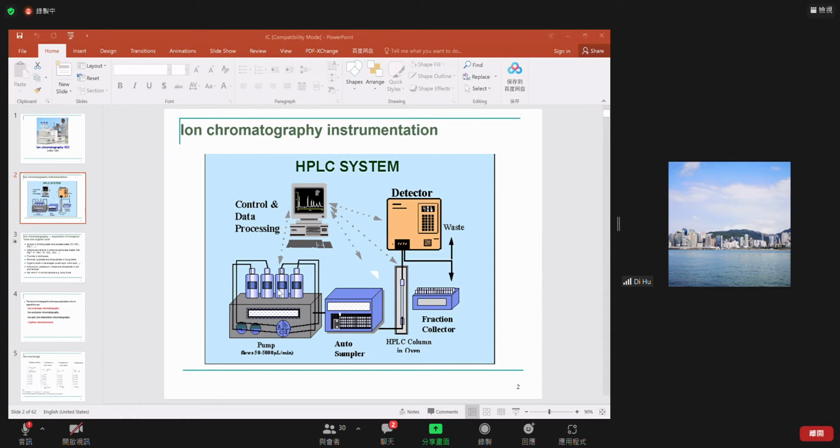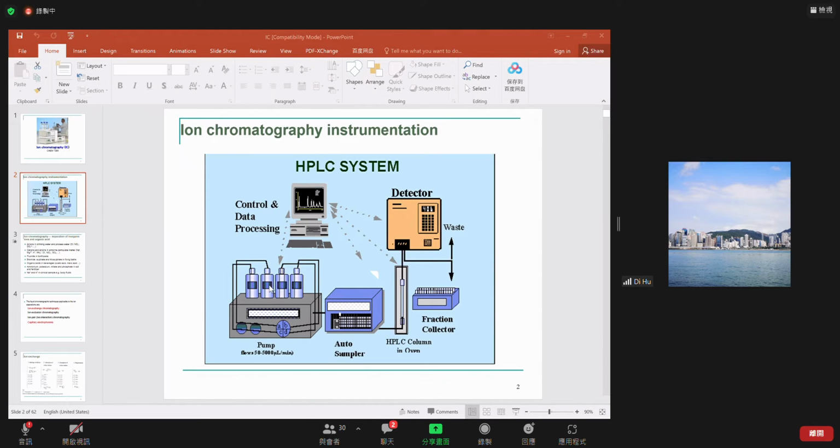But we just mentioned that the mobile phase now uses pretty strong acid or base, so it can be corrosive. That's why for the tubing, you want to use material resistant to corrosion, like PEEK. Also, later when we talk about anion chromatography, the mobile phase sometimes can even be a very basic solution like sodium hydroxide.